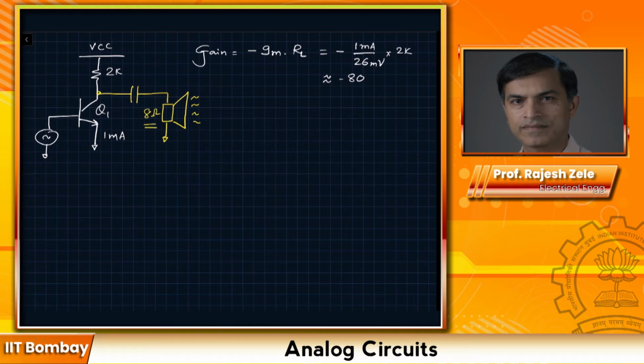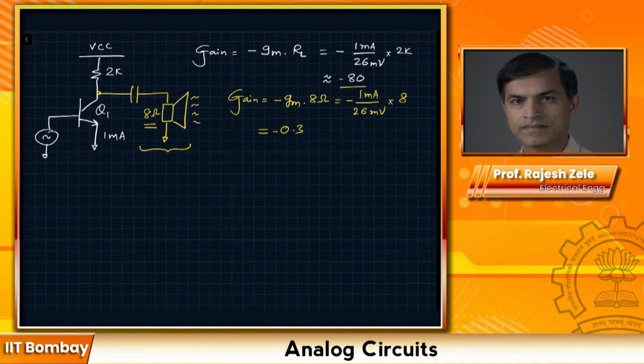This 8 ohms will come in parallel with 2K and will dominate, as a result of which our new gain is going to look like minus GM times 8 ohms, and that's going to look like minus 1 milliamp divided by 26 millivolts multiplied by 8, and this number is going to come out to be something like 0.3. So quickly you can see that this 8 ohms speaker resistance will load our amplifier, and our gain will drop from minus 80 to maybe minus 0.3, something like that.